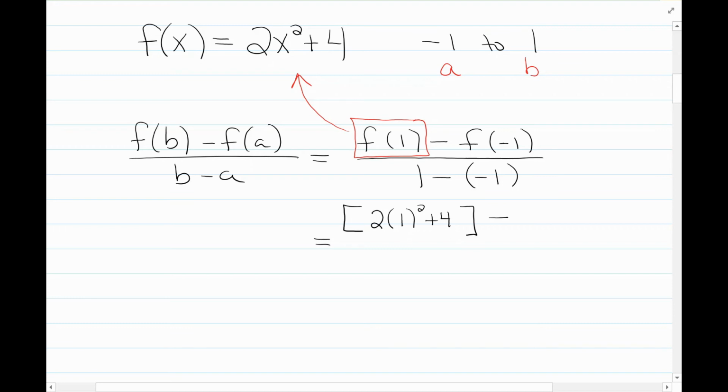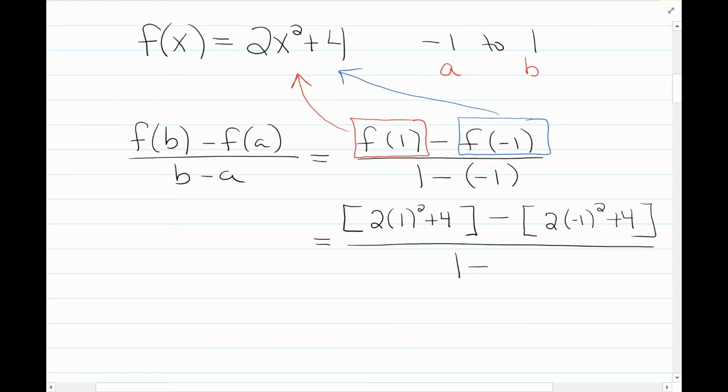Minus, what does f of negative 1 mean? That means go to the f function, and wherever you see x, you put negative 1. So I'm going to put the original function, and instead of an x, I'm going to put negative 1. So now let's clean all this stuff up, right?